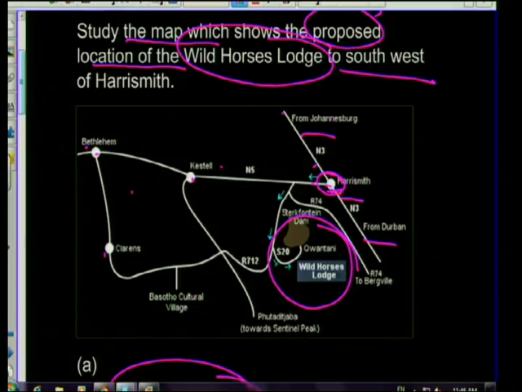The N5, N3, R712 is a roads layer, which shows us different types of roads on this particular GIS, as well as we have the Wild Horses and the Sterkfontein Dam, which shows us a water feature, as well as another layer showing us buildings.